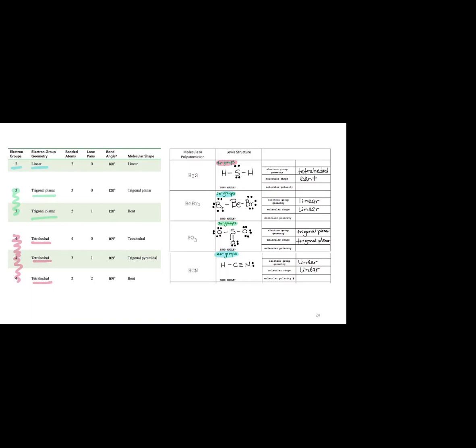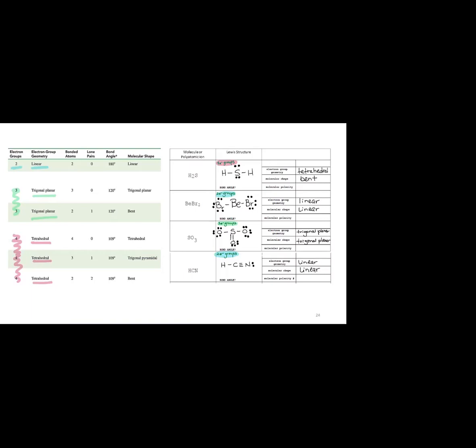Put a 1 in the chat if you have a Lewis dot structure that you built and you know how to identify the electron groups, and determine electron group geometry and molecular shape. Whenever you're doing these problems in the assignments, the extra credit and the exam, it is always the same process.